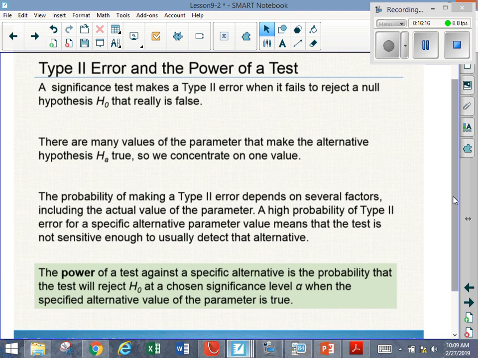When we're talking about power, it's the probability that we'll reject our null hypothesis when it's false. And we can calculate the power fairly easily. We'll get a formula for that on the next page, and a nice picture of what power is.